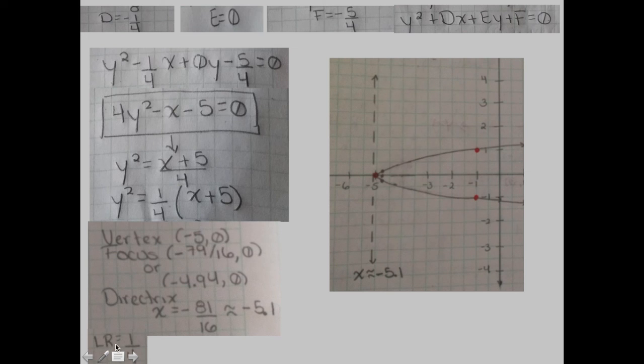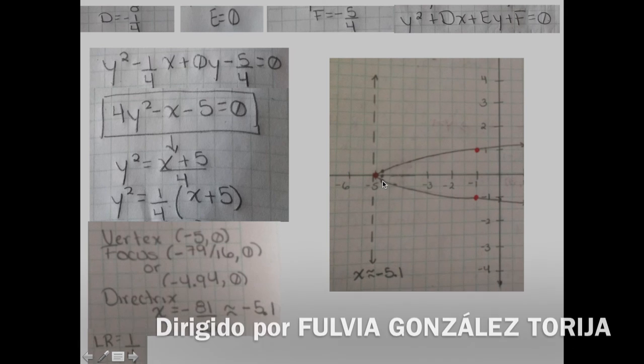Okay, the latus rectum is 1 over 4, so if I divide 0.25 by 2, I would get 0.125, and that's the distance from the focus to the point on the parabola, approximately 0.125. And with that, I now have all of the elements of the parabola.